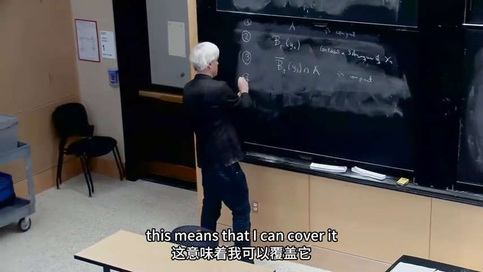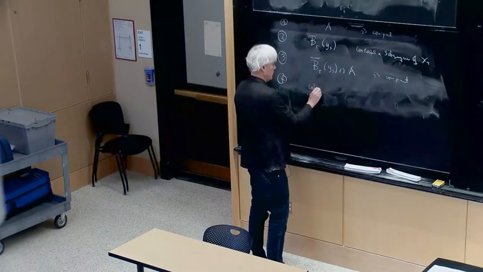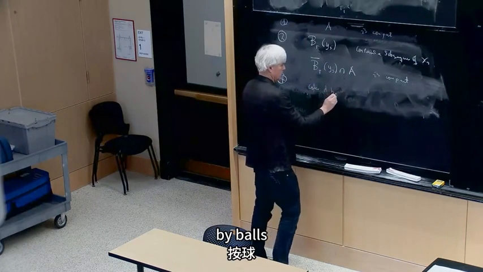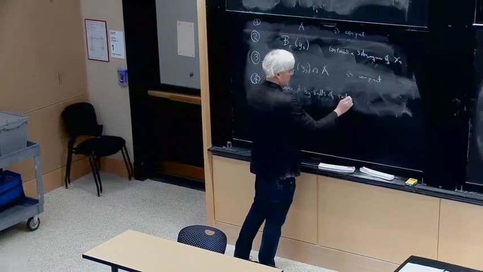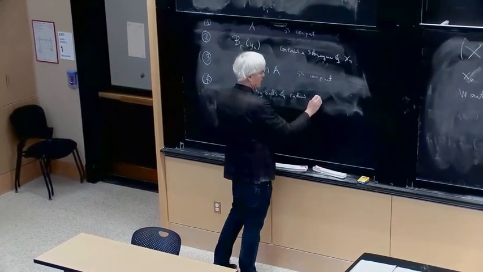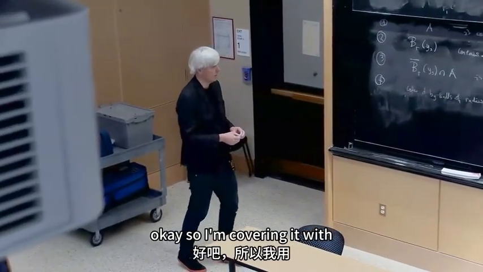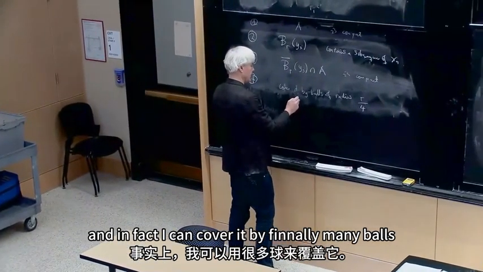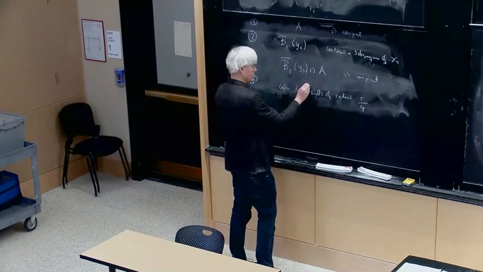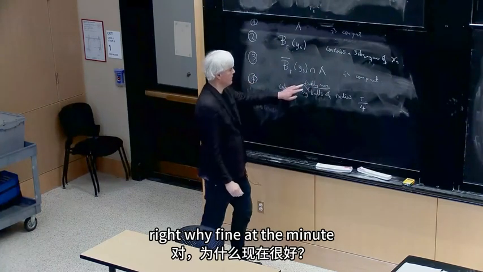This thing here is compact. This means that I can cover it by balls of radius r/4. I want smaller radius as I'm going along, okay? So I'm covering it, and in fact, I can cover it by finitely many balls. Right, why finitely many?